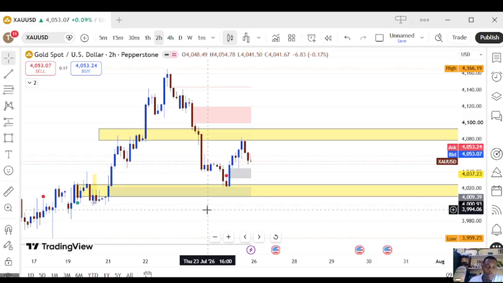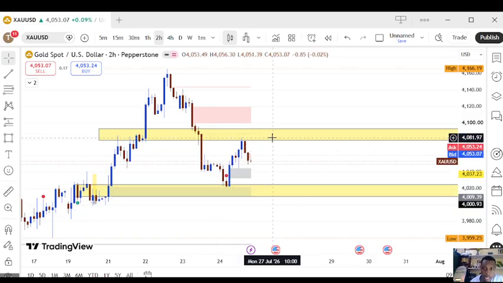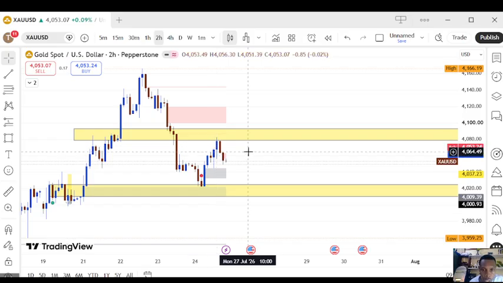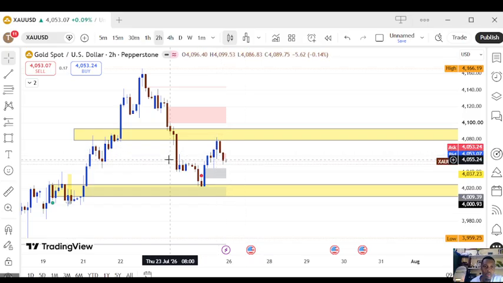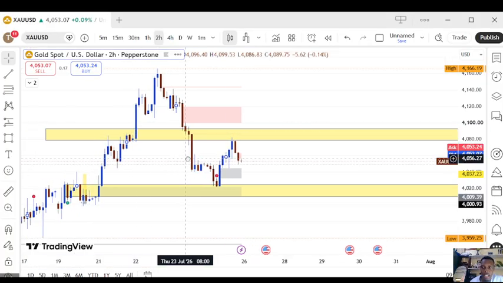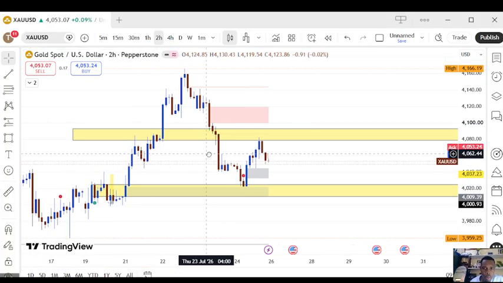If the price comes back here, around here, maybe we can look for sell opportunities, but it depends on what the price keeps showing us, because the higher time frame shows the strong bias, what we should be looking at. And yeah, we keep continuing, guys.